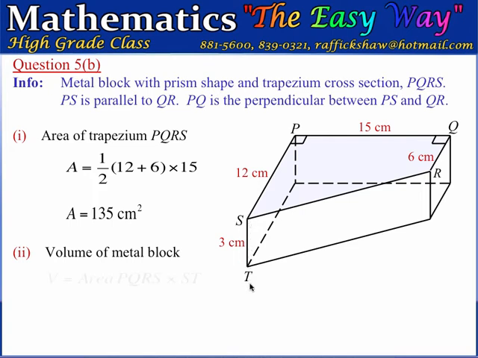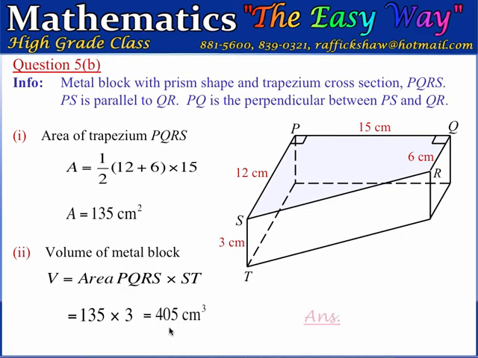And so the volume is given by the area of PQRS, that's the trapezium end, multiplied by this height, ST. And we can show that calculation. The volume of the metal block is 135 multiplied by 3. And when we do that calculation, the result is 405 centimeters cubed. So that's the volume of this prism, the metal block.